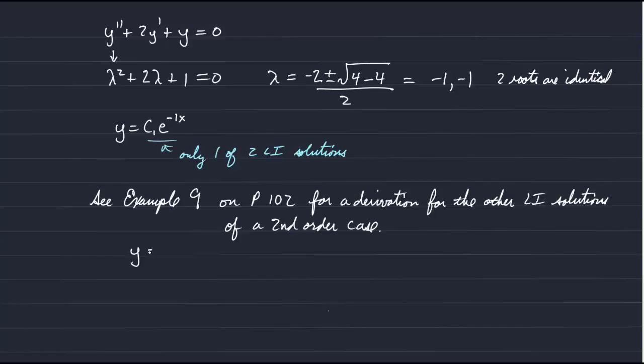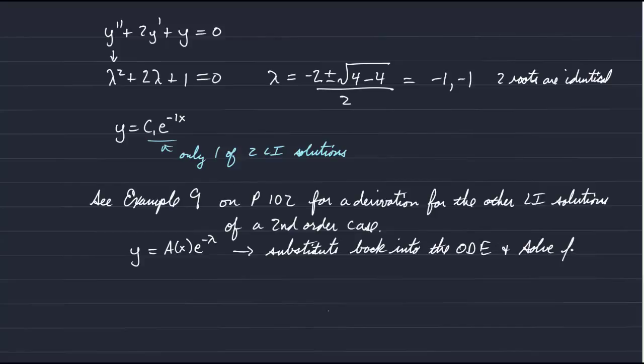So we say that y is equal to a of x times e to the minus x, and then substitute back into the ODE and solve for a of x. And the name of this strategy is called, well, it's a type of reduction of order.